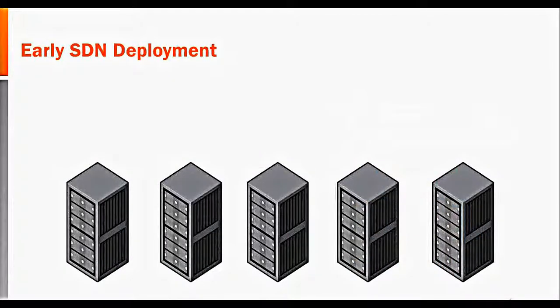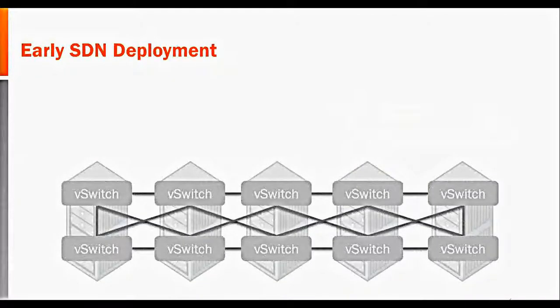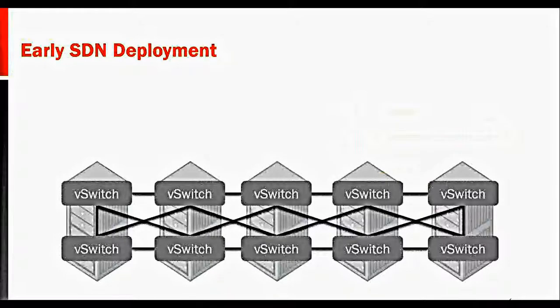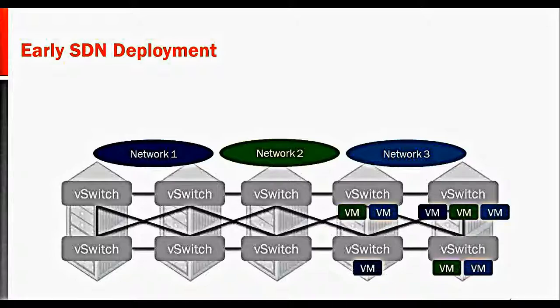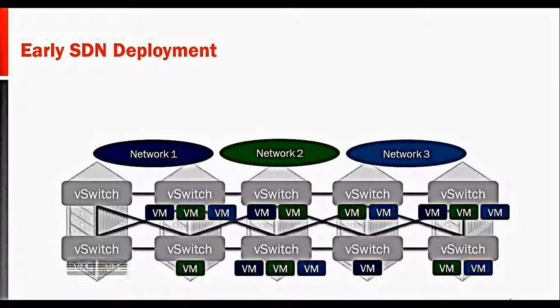So if we take a look at early SDN deployments, what we see is typically vSwitches running on a hypervisor. Those vSwitches could be Open vSwitch, or they could be proprietary switching solutions controlled through a central controller, connecting layer 2 segments using VLANs or some emerging layer 2 encapsulation technologies.